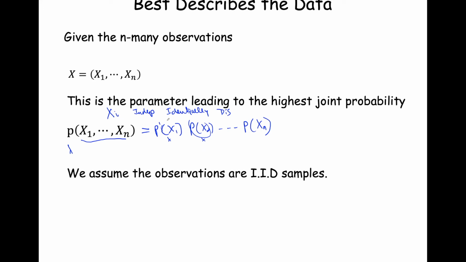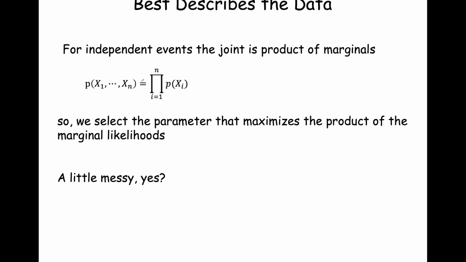And we can compute the probability of these examples jointly by multiplying together the probabilities of each one of these separately, as long as these measurements are independent and identically distributed. So we assume the observations are IID samples, and then the probability of this joint occurrence of observations is nothing more than the product of the individual observations.